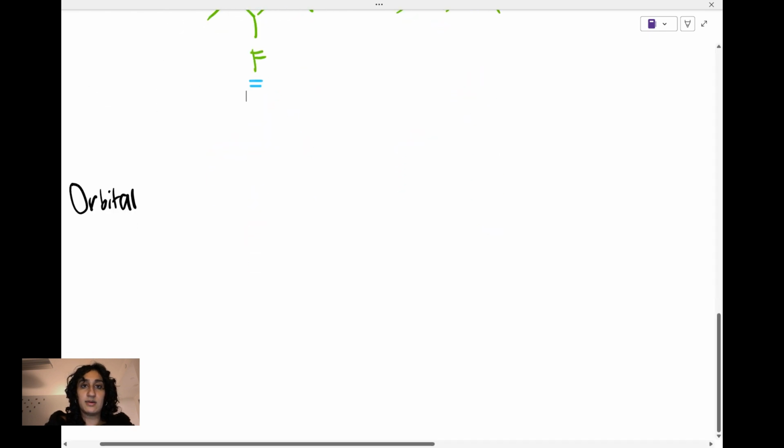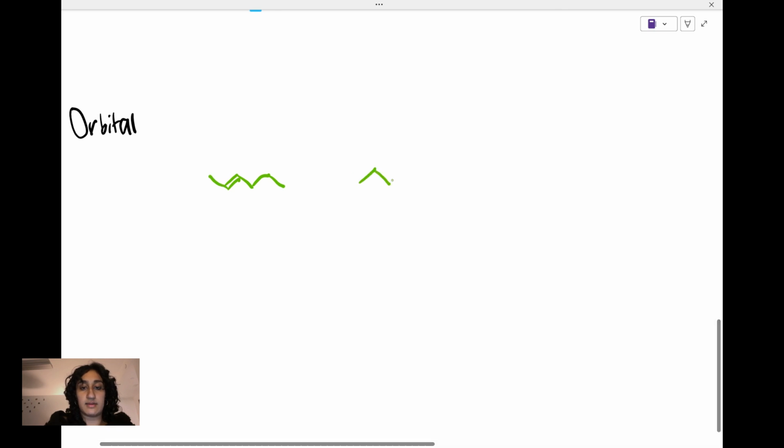Okay, now let's do orbital. So orbital means hybridization, which if you don't remember at all, I would highly, highly, highly recommend going back and learning about it more. But let's look at these hydrogens here. Which one is going to be more acidic? It all depends on something called S character. S character, do you guys remember all of those orbitals?